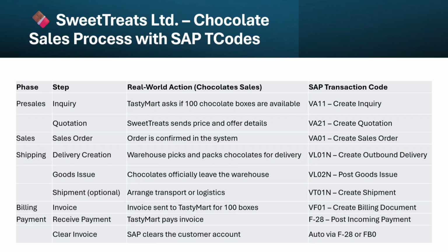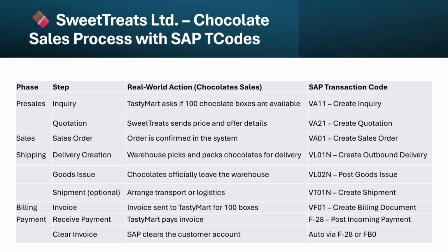This invoice document will be sent to TastyMart for the 100 chocolate boxes. It includes all the price details, the amount that has to be paid by TastyMart to Sweet Treats Limited. Once the customer sees the invoice and pays the due amount, the end-to-end cycle of the sales process will be completed.